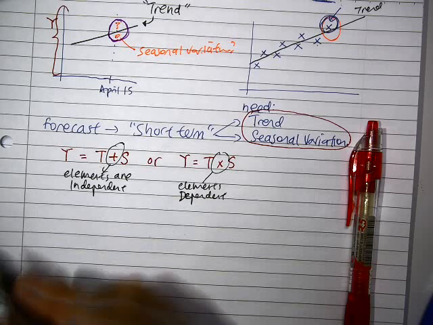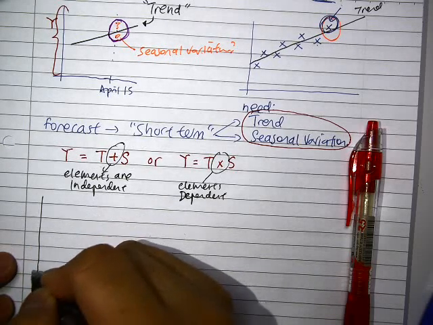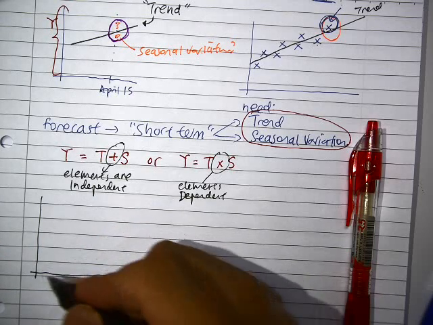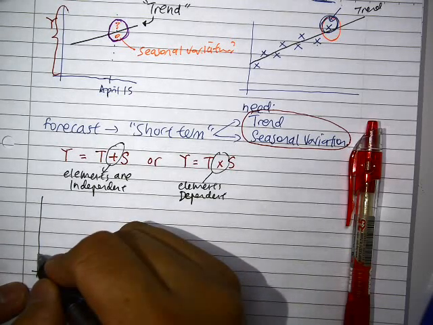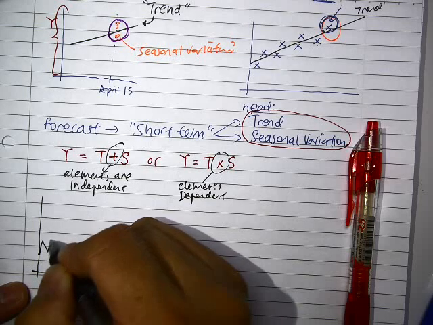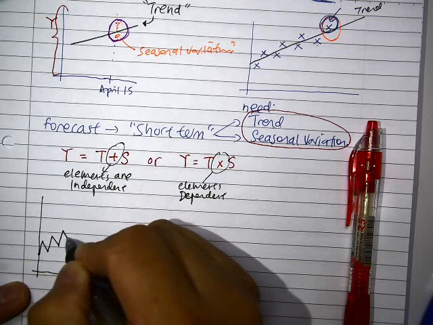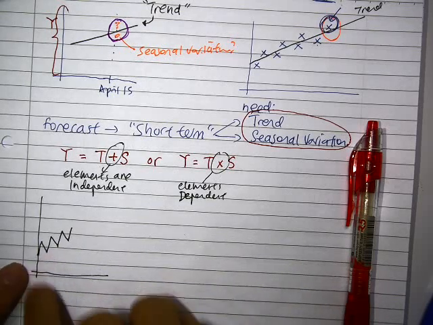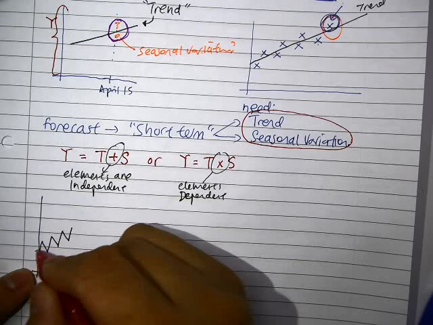Now, example of independent, just example here, okay? Now, let's say I draw a very artificial chart, okay? That this is the result. Like up, down, up, down, up, down, it's very artificial. The pattern very uniform, okay? Now, you can see this is the trend.